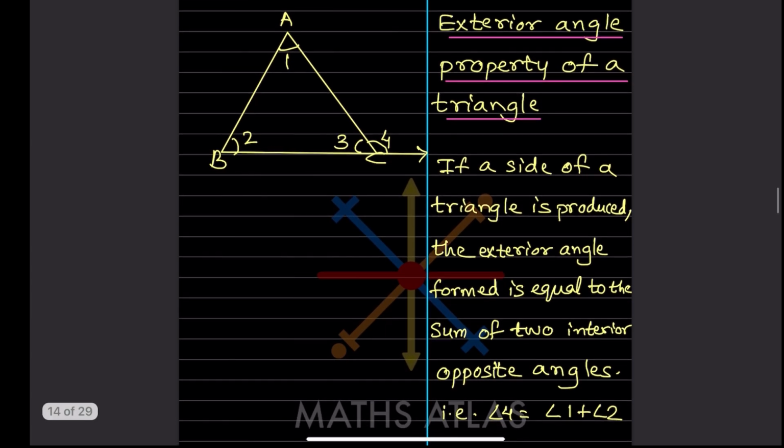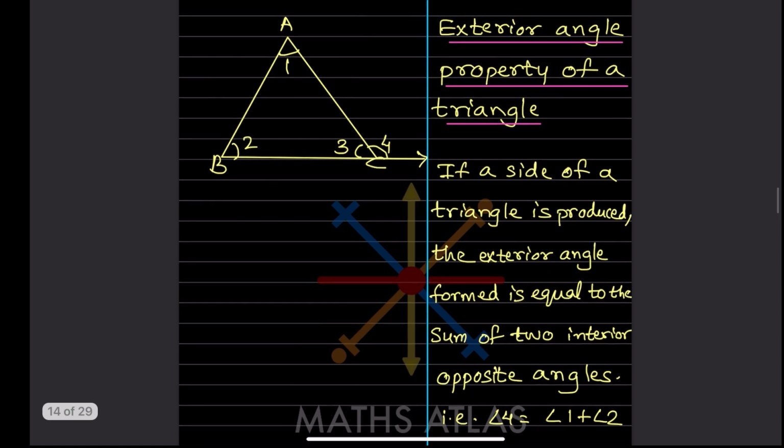So the next one. This is a triangle and this is the extended part of it. So we can say this is the exterior angle property of a triangle. If a side of a triangle is produced, the exterior angle formed, which is outside the triangle, should be the sum of these two interior angles.